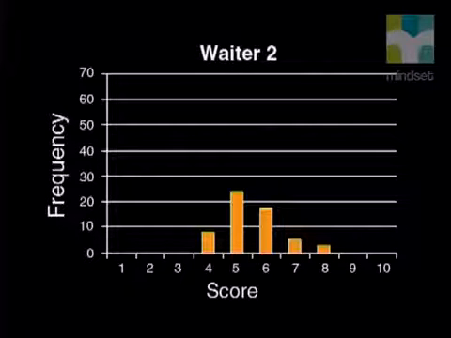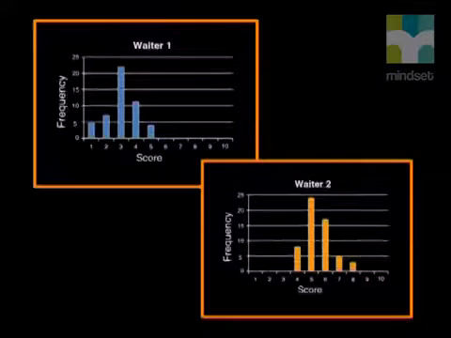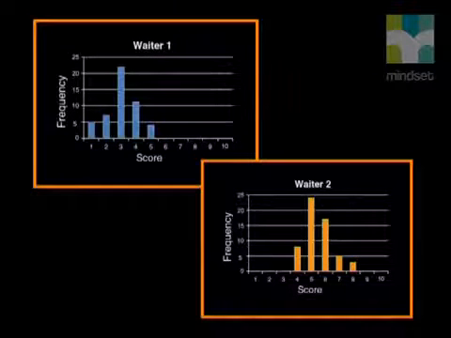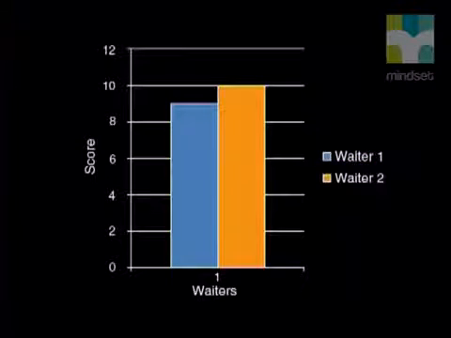Now on the second graph, the x-axis reads from 0 to 10 and the y-axis from 0 to 70. Let's now put these two graphs on the same scale and see which waiter produced better results. It's now much clearer waiter 2 achieved better all-round results.